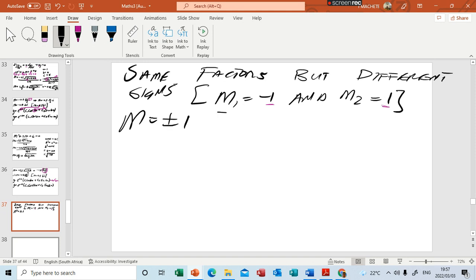If you say plus or minus 1, it means your m1 is not equal to your m2. Although the values are the same, the signs are not the same. The other one is positive, the other one is negative.